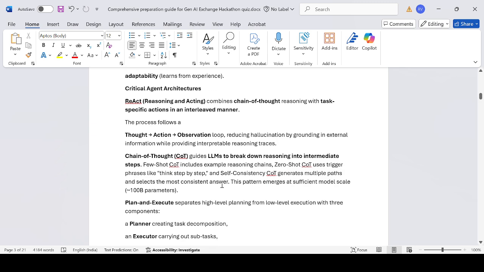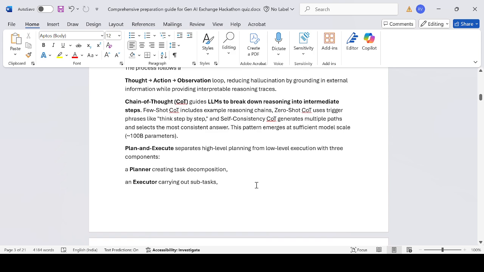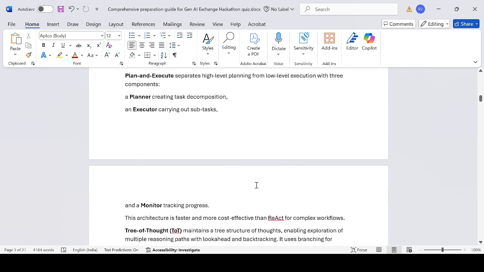The next one is plan and execute. What does that mean? It separates high-level planning from low-level execution with three components. Number one, a planner. Number two, an executor. A planner creates the task and its decomposition. The executor carries out the task with its subtasks.